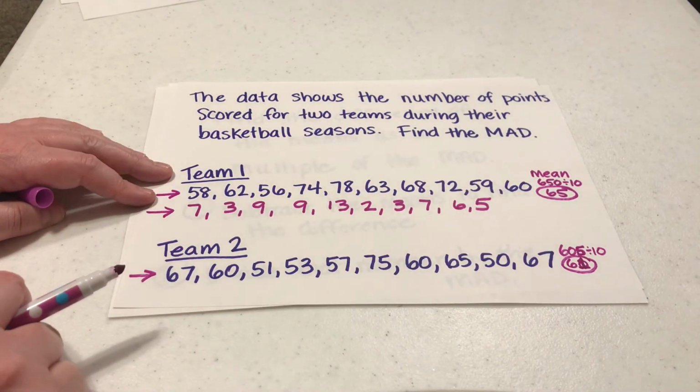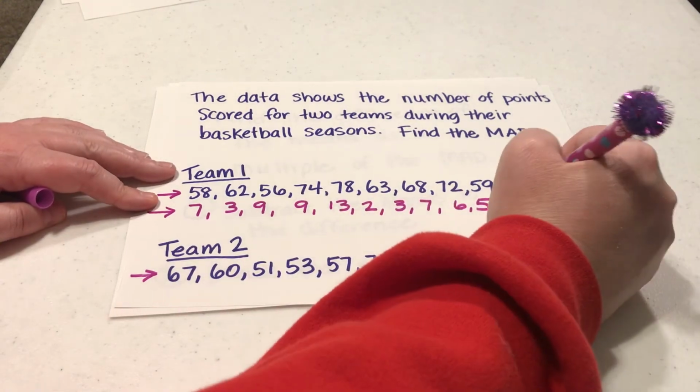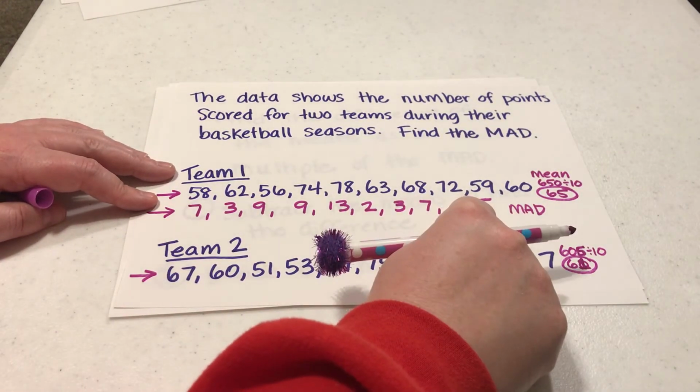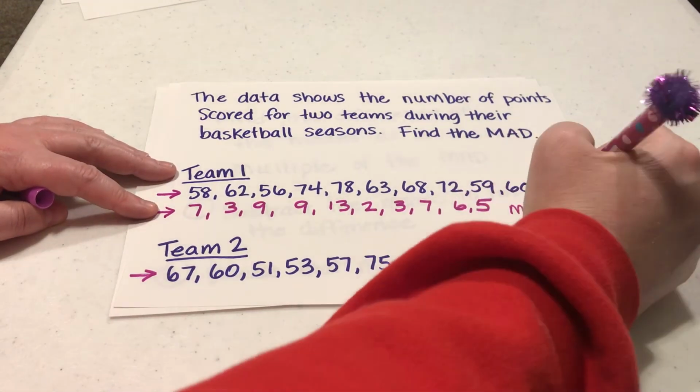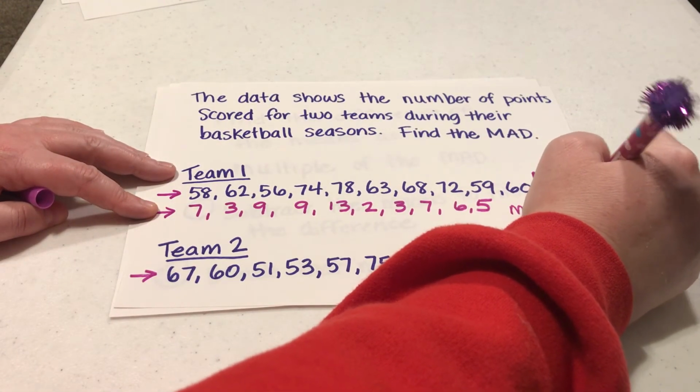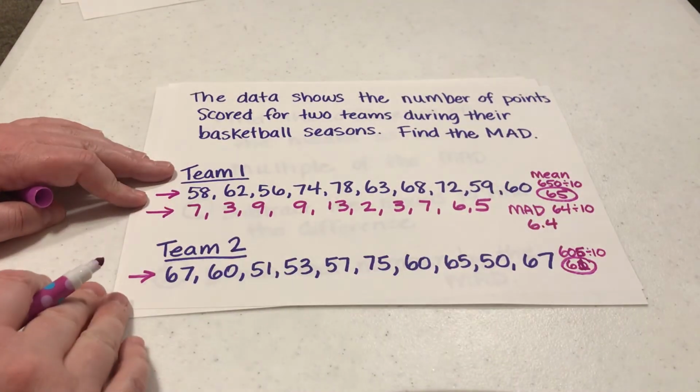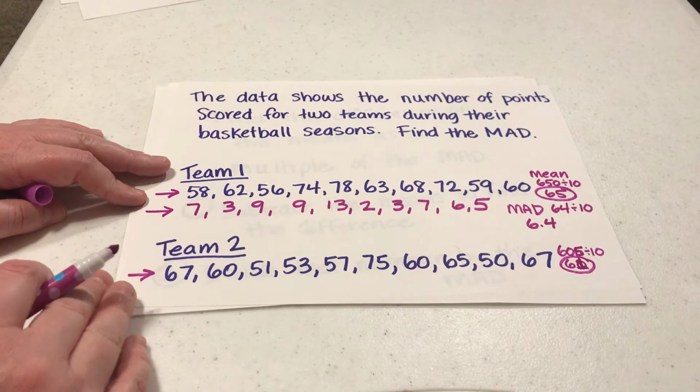I've got them all. And I'm going to find the MAD of that by calculating the mean of all of these numbers. And I ended up with 64. I'm going to divide that by 10 because there were 10 numbers. And my MAD is 6.4.